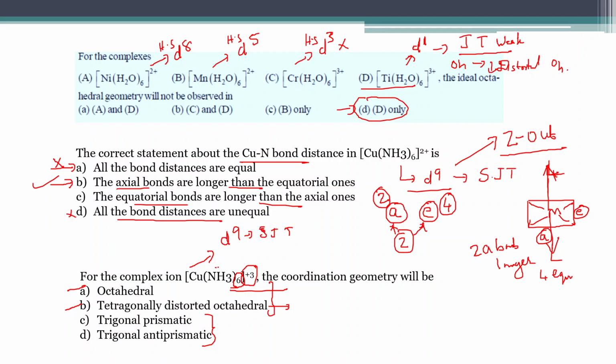But here the Cu is in its +3 oxidation state, which means the electronic configuration is d8, and d8 means no Jahn-Teller distortion, so it has a pure octahedral structure. We go for option A. Option A is the correct answer here.